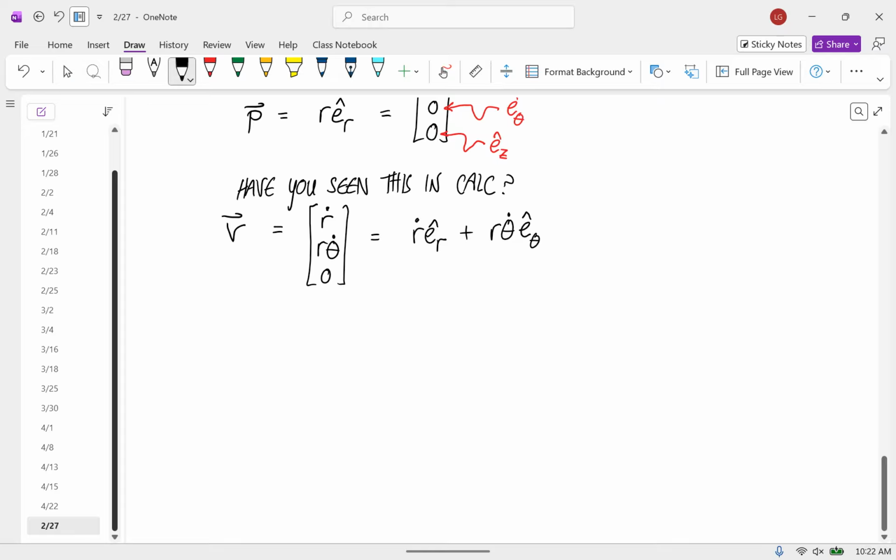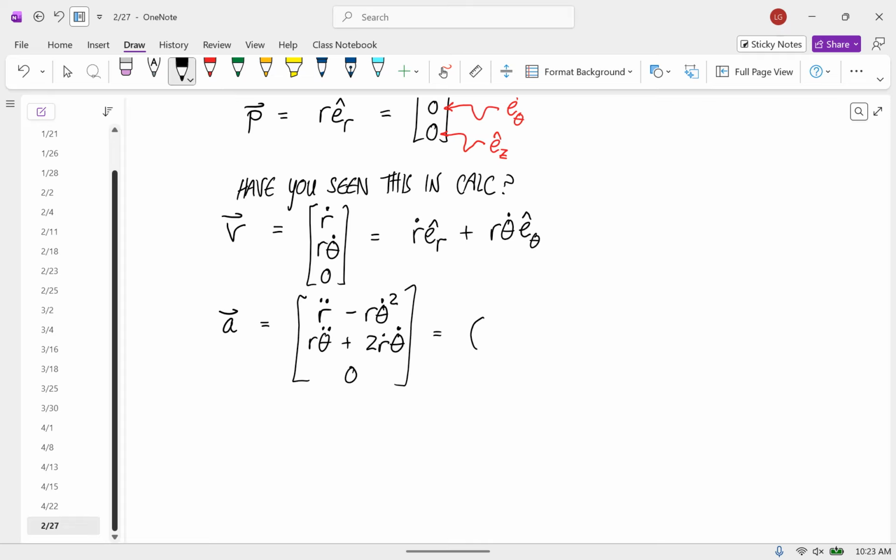Those were good times. And then they also just gave us this, didn't derive it, but the acceleration vector was equal to, and this one is crazier looking. The first component is r double dot minus r theta dot squared. The second component is r theta double dot plus 2 r dot theta dot, and then 0 for z.